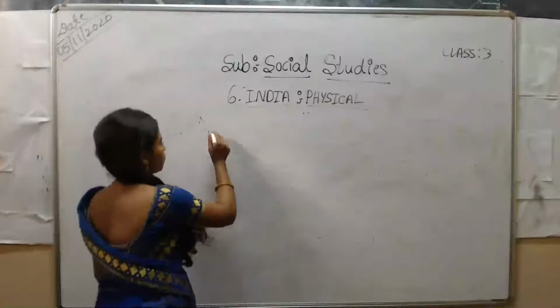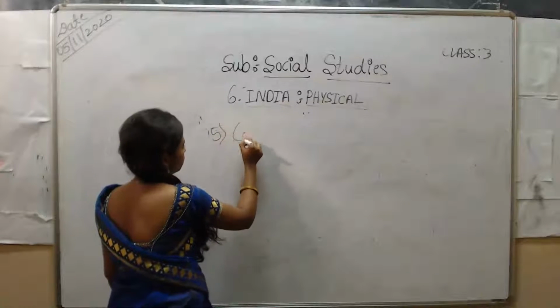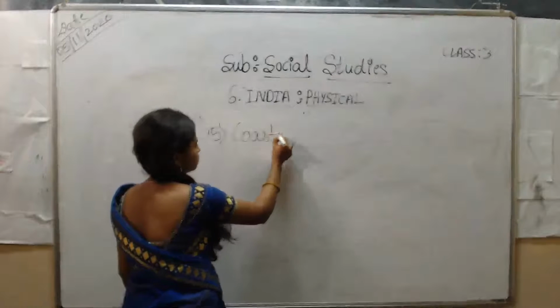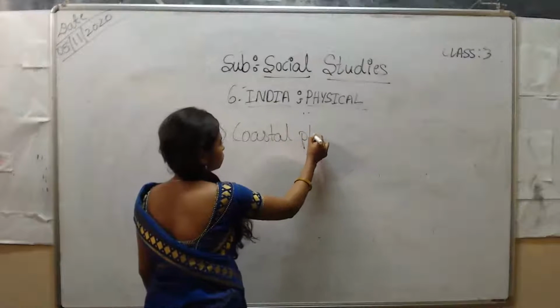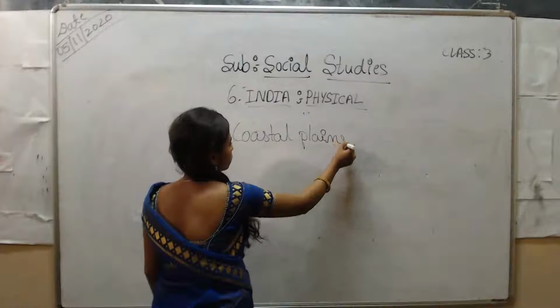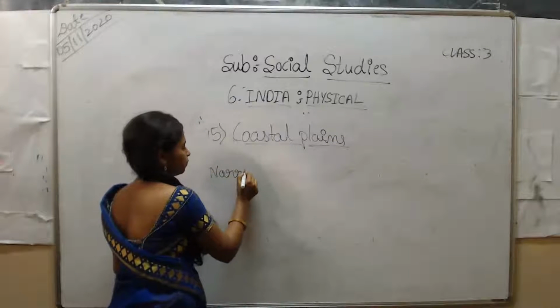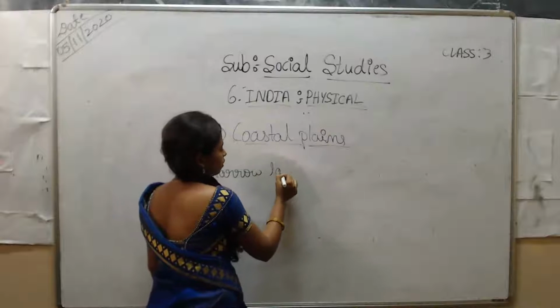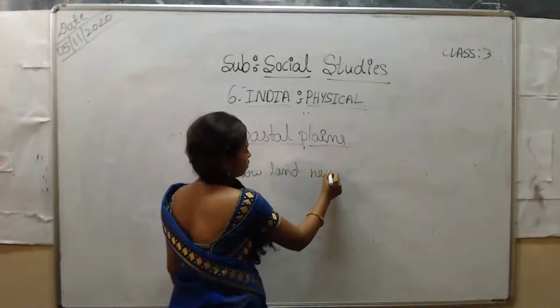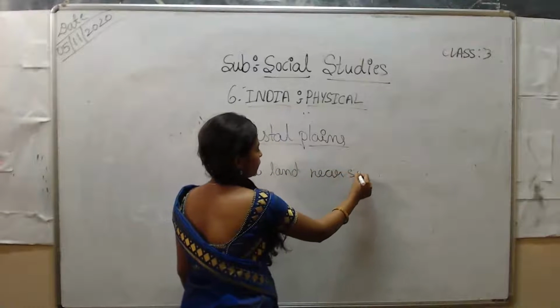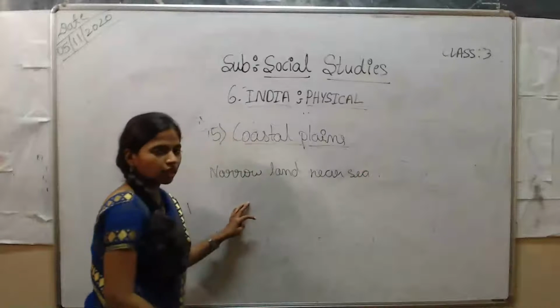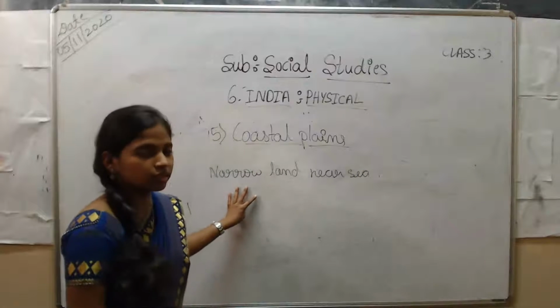So then this fifth one, that is coastal plains. The narrow area near the sea. Narrow land near sea. You can see this narrow coastal area near the sea.